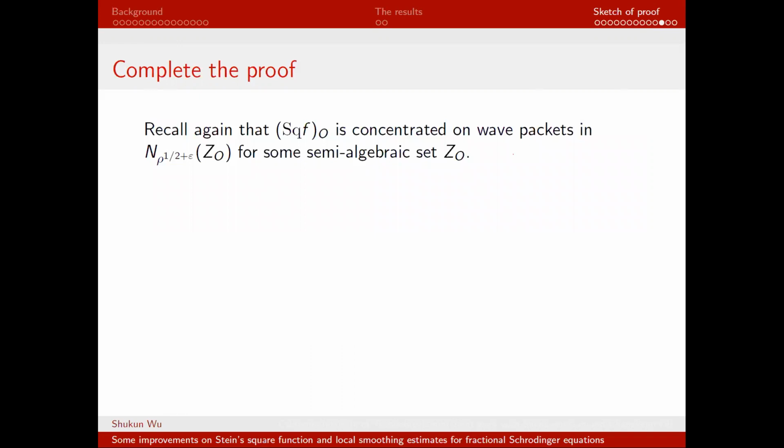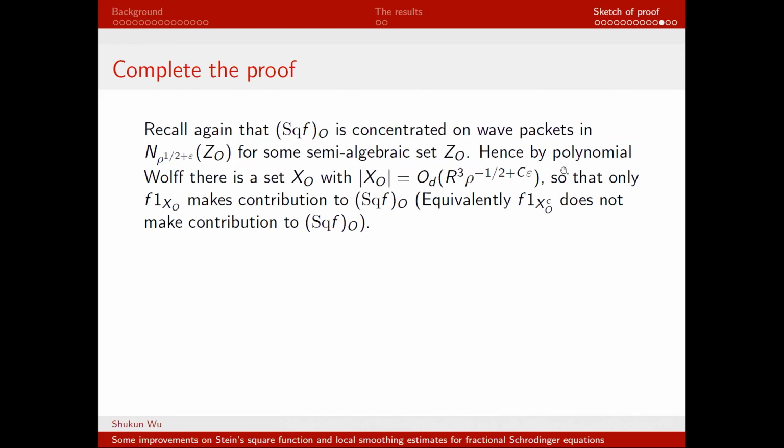Okay, now we can complete the proof. Recall that each cell function is concentrated on wave packets in some neighborhood of a variety. Hence by polynomial Wolff, there's a set X0 whose measure is bounded above by some factor, with a saving roughly the negative half.